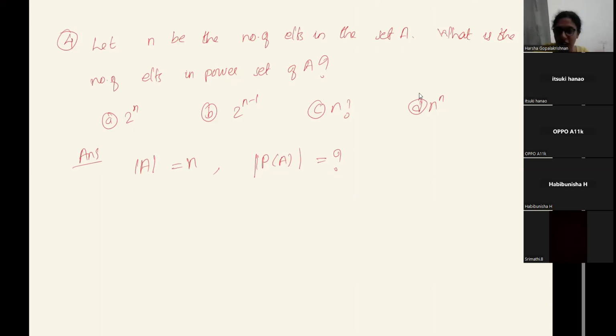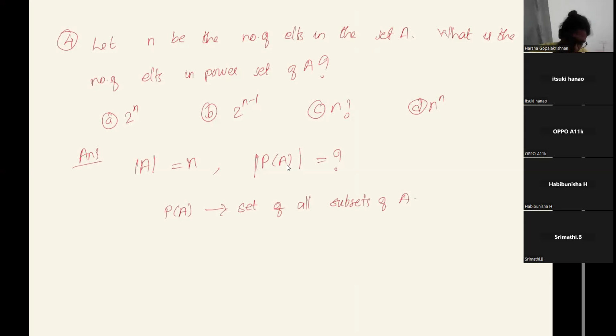Okay, before going to the answer, what is the definition of the power set of A? Power set of A means the set of all subsets of A. So the cardinality of the power set of A is equivalent to how many subsets there are for A. Let me go to the explanation.